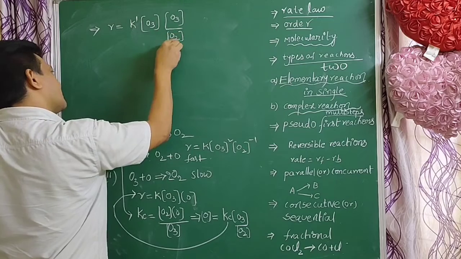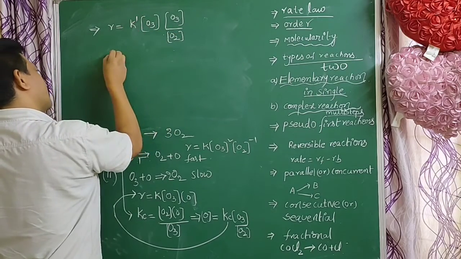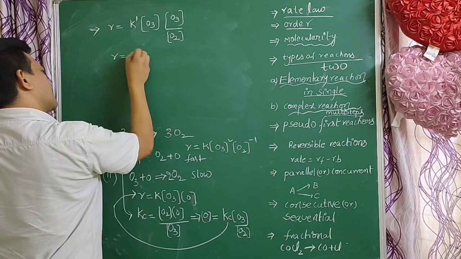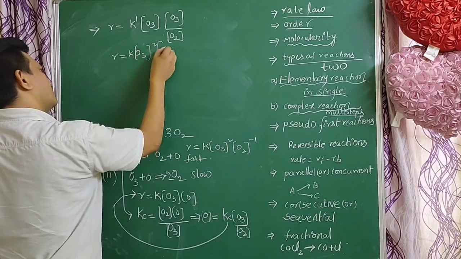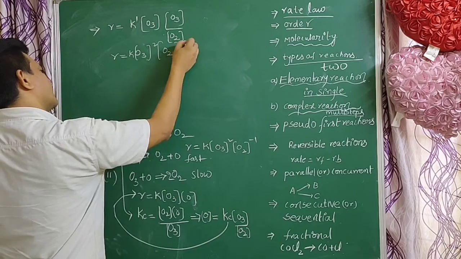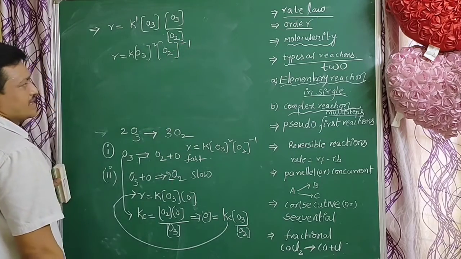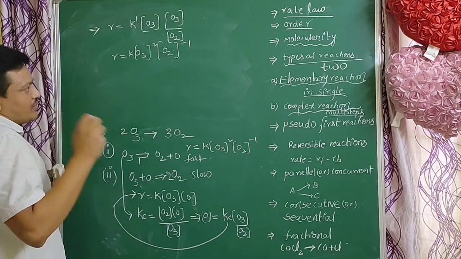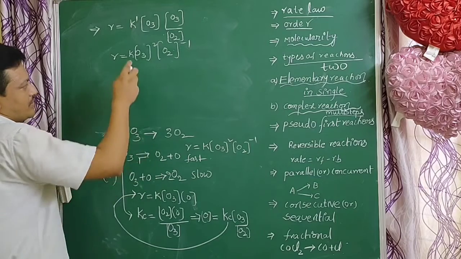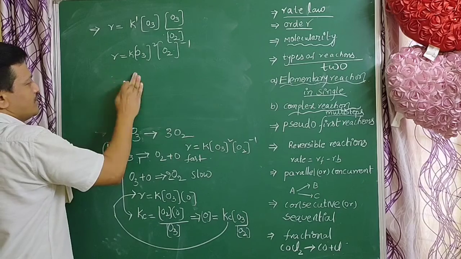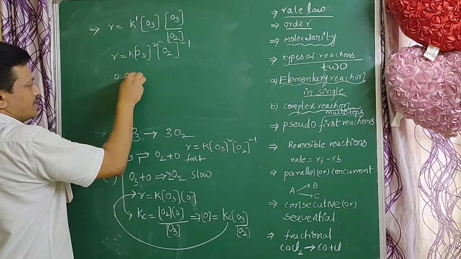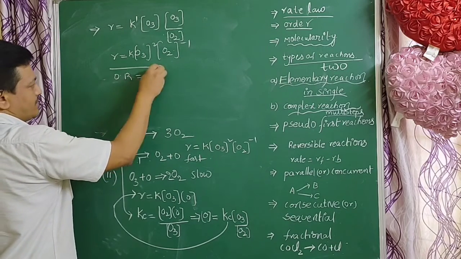That equals K into O3 whole square into O2 power minus 1. With respect to oxygen, that is a negative order, minus 1 order. With respect to O3, second order. The overall order of the reaction is first order.